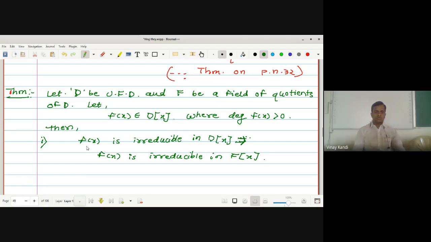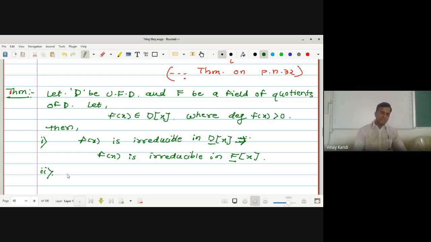Okay, this f of x is a polynomial from D of x. If it is an irreducible element in D of x, an irreducible polynomial, then this f of x is irreducible in capital F of x, where this F is the quotient field of this D. Okay.